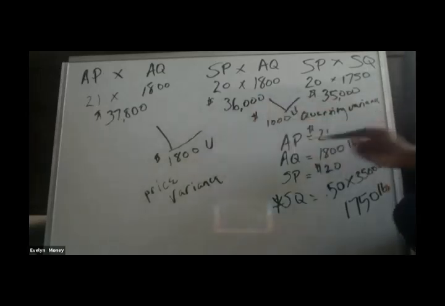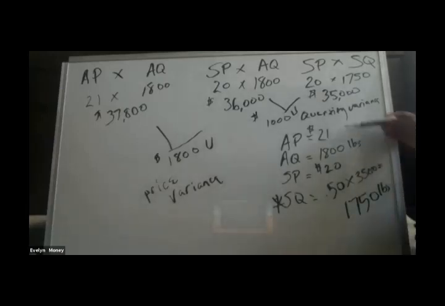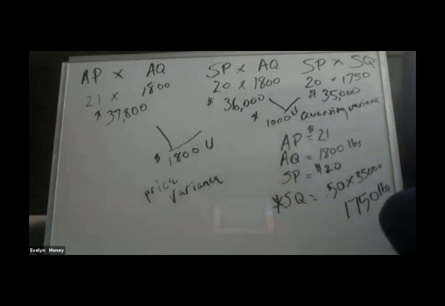In terms of the price variance, I planned to pay 20. That was my standard. I actually ended up paying 21. I paid $1 more than what I planned to pay per pound. And what was the pounds that I was dealing with? The 1,800. That's why my price variance is 1,800 here.